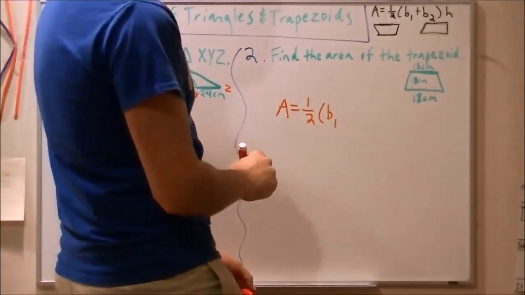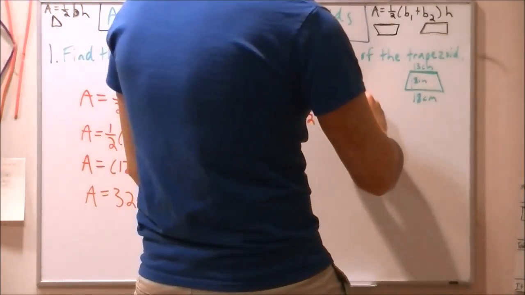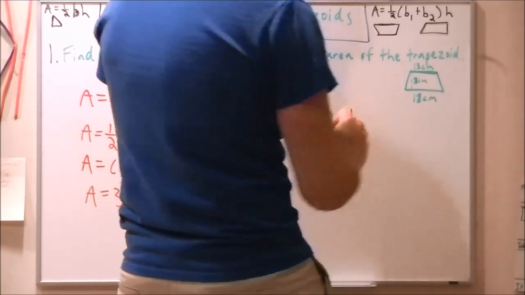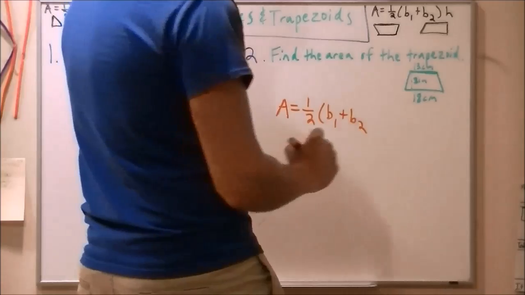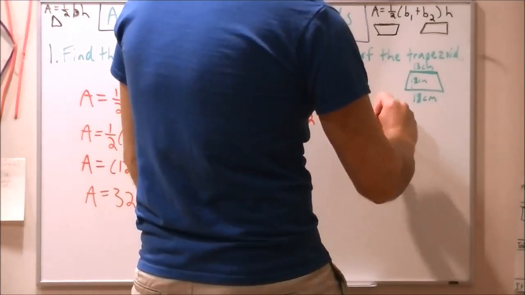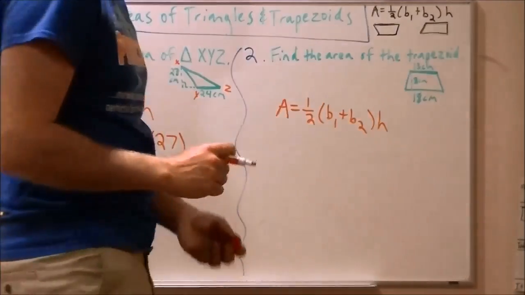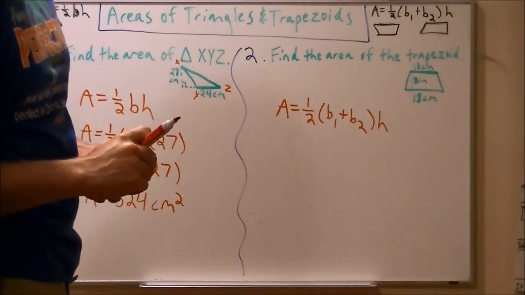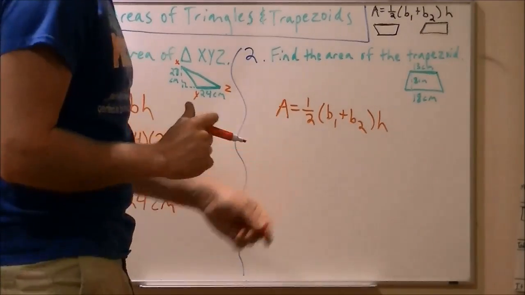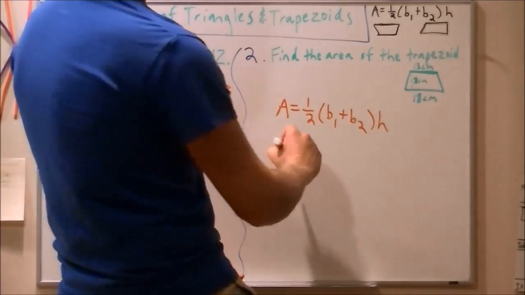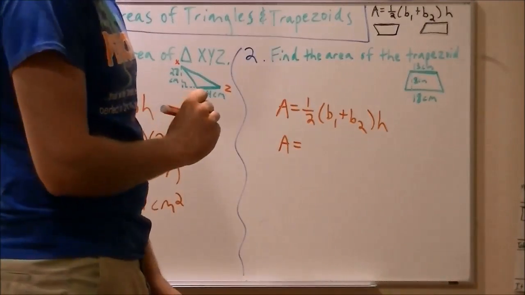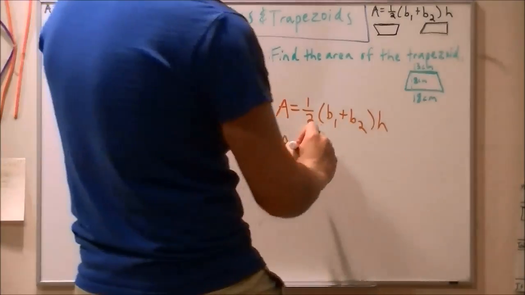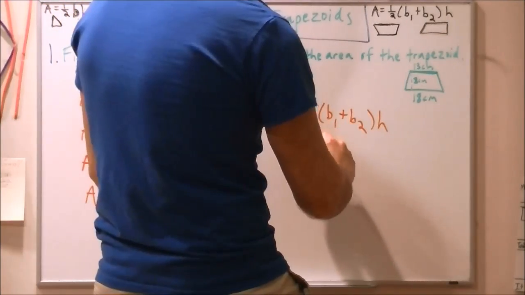So A equals 1/2, open parentheses B1 plus B2, close parentheses, then outside that parentheses times H. So all we're going to do is just plug in our numbers. We're trying to find the area, so we're going to maintain A. We don't know that. A equals, we always keep our constant of 1/2 in the formula.